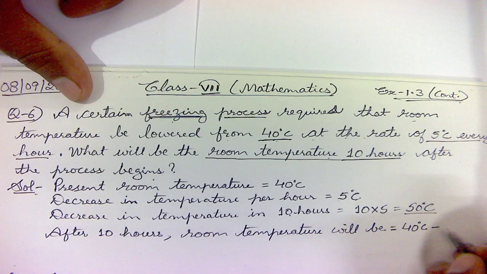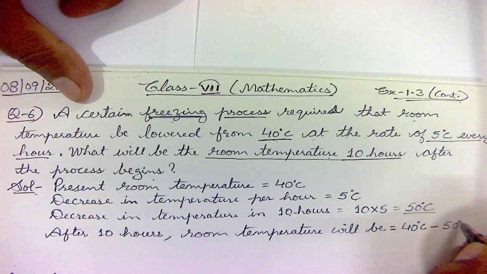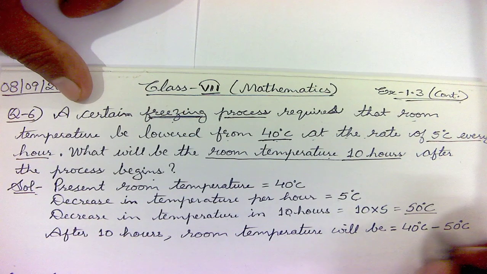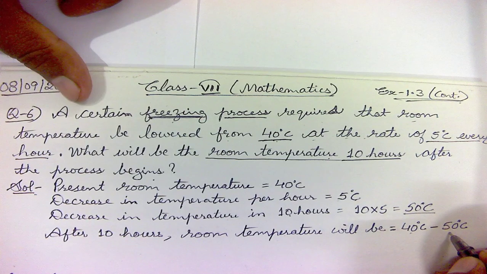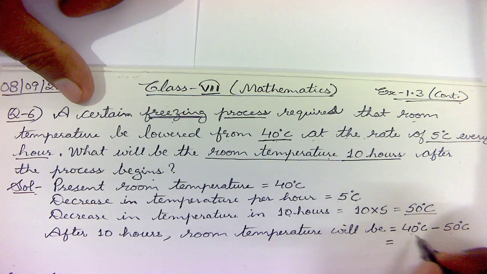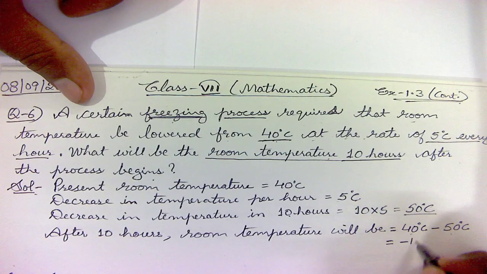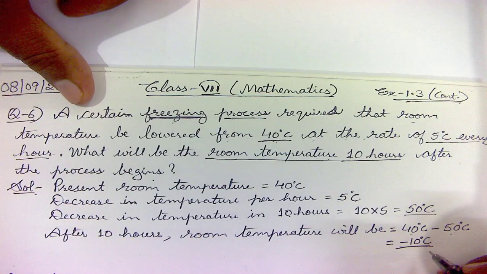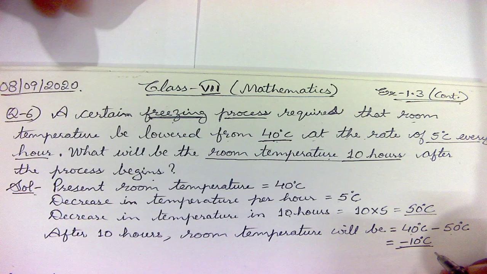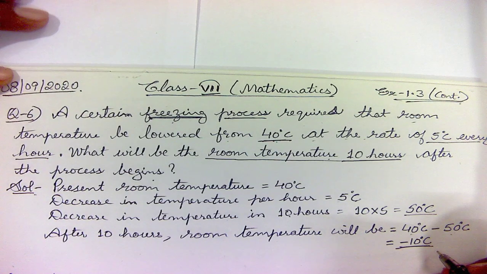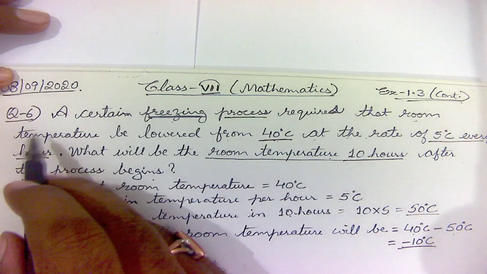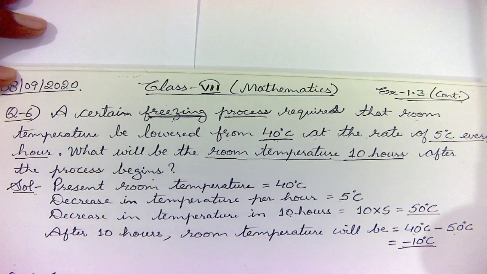In 10 hours it has decreased by 50 degrees Celsius. So we subtract these two, 40 degrees minus 50 degrees is minus 10 degrees Celsius. So the room temperature after 10 hours will be minus 10 degrees Celsius. So this is the solution of question number 6. Now let us move to question number 7.